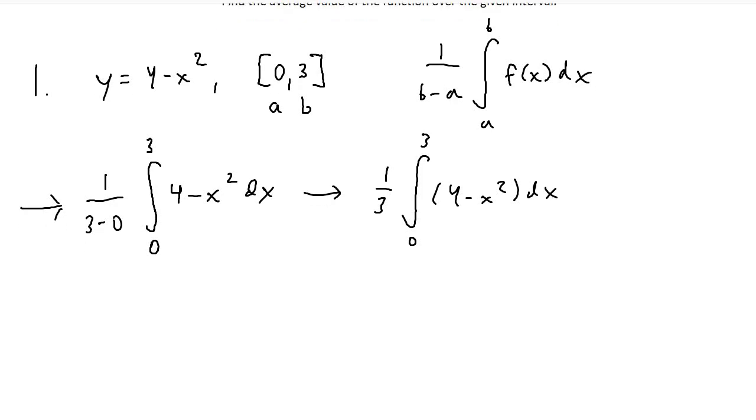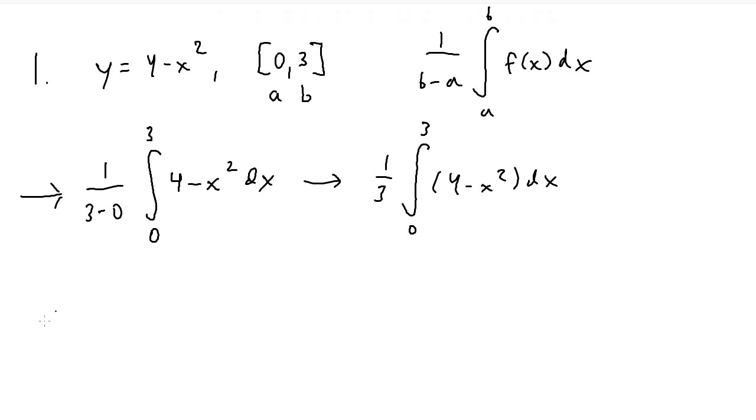So now to evaluate the integral, we have 1/3 times the integral of 4, which is just 4x, and the integral of x squared, you can just use the power rule, is x cubed over 3.